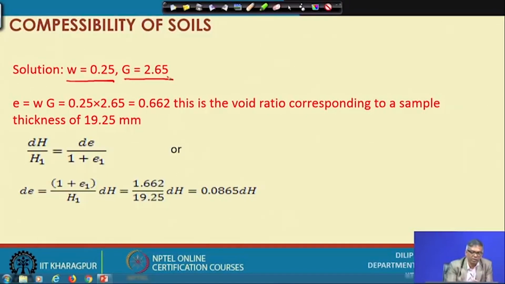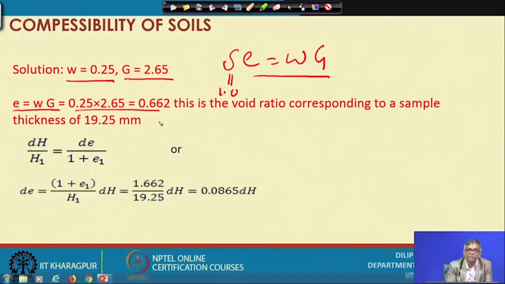We know that for saturated condition, S into E equals W into G, and S equals 1 at saturated condition. So, E equals W G, that means equal to 0.662. That means at the end, finally after expansion, whatever void ratio was 0.662.